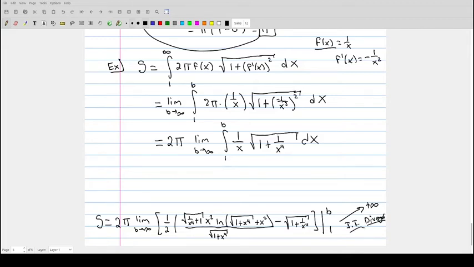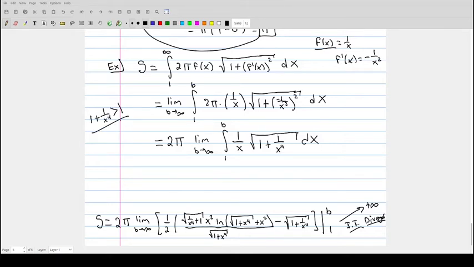This is a good problem to give us some motivation for what's called the comparison test, which we'll talk about at the very end of this lecture. The idea here is that for any value of x, 1 plus 1 over x to the fourth will always be strictly greater than 1.